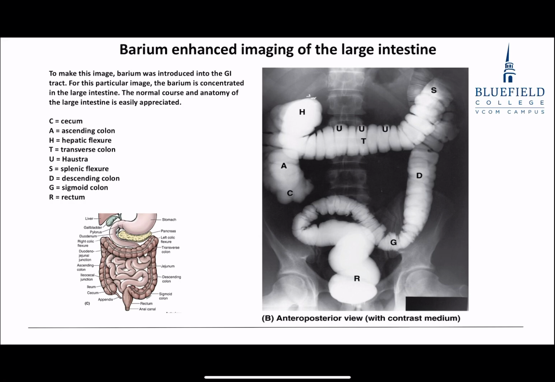Yeah, so the question was, is the purpose of the tinea coli to just basically shorten the large intestine so it fits in the abdominal pelvic cavity? I see your point. They're usually not thought of that way.